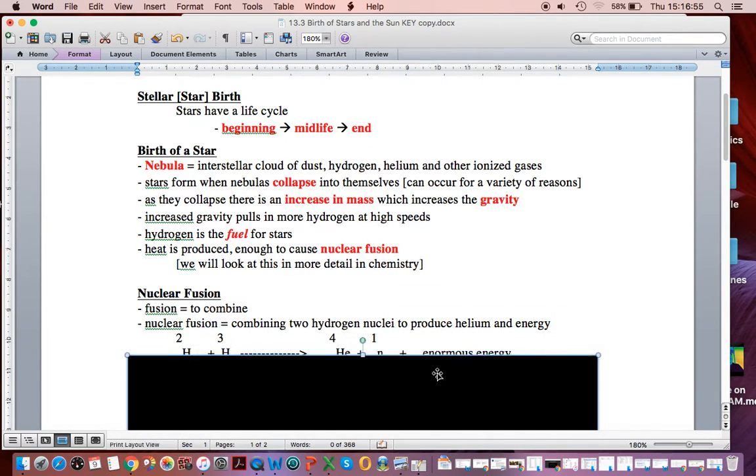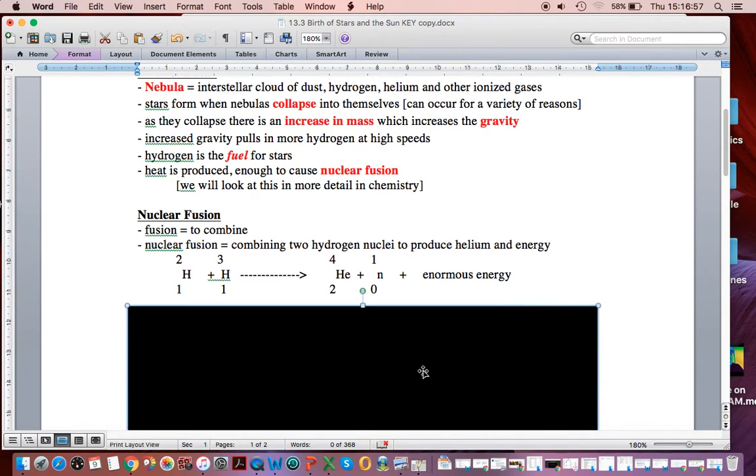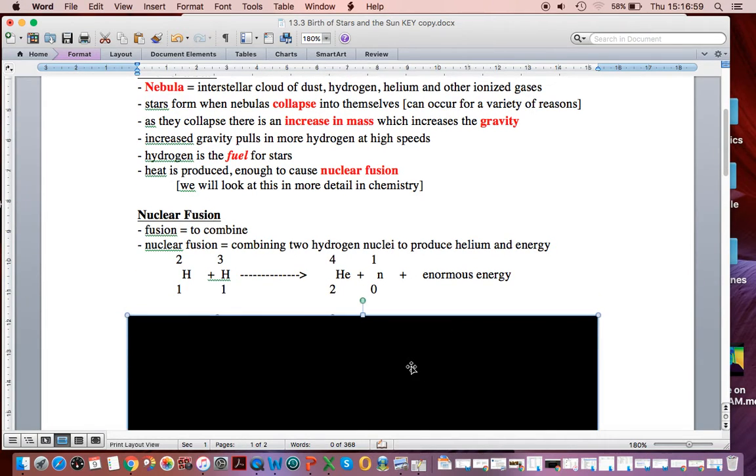So now we look at nuclear fusion. We have a chemical equation for, well, actually that's a lie, we have a nuclear equation for it. This is showing the nuclear symbol for different forms of hydrogen atoms, and when they get together, they end up making helium.